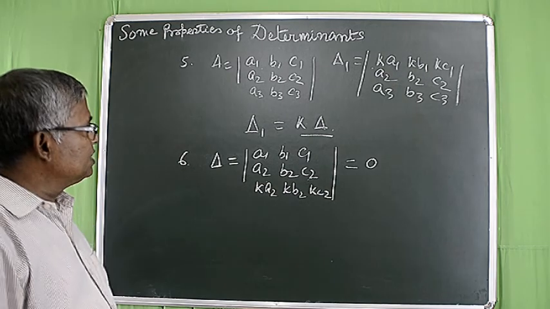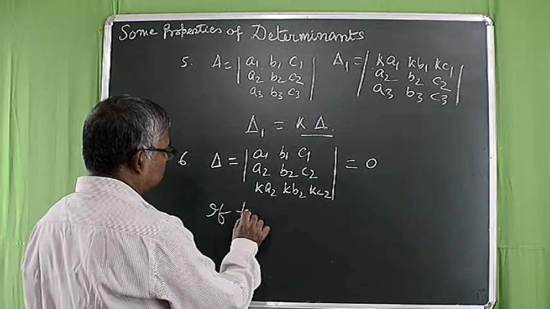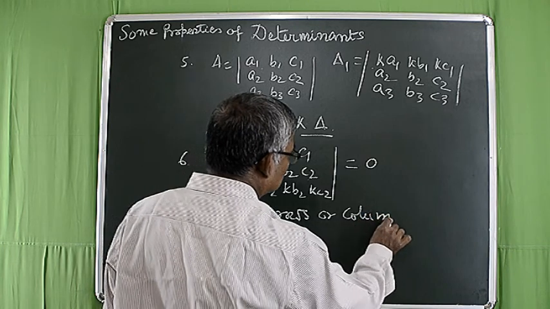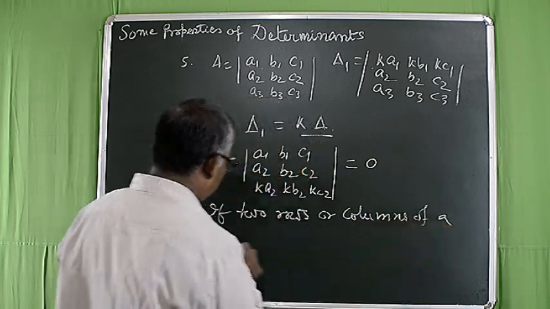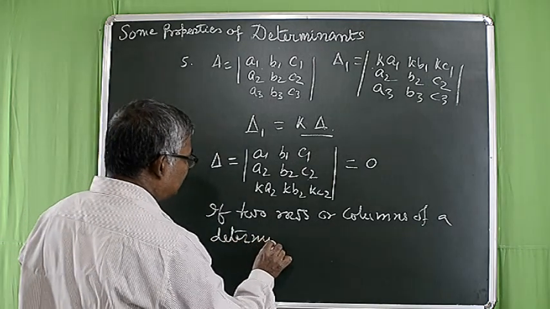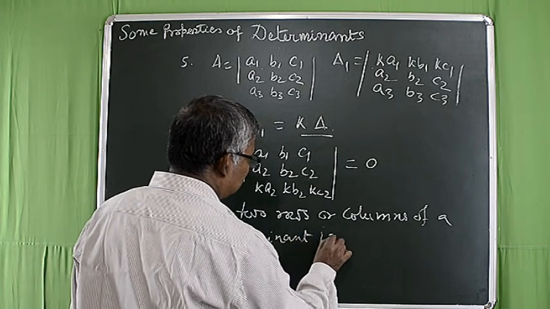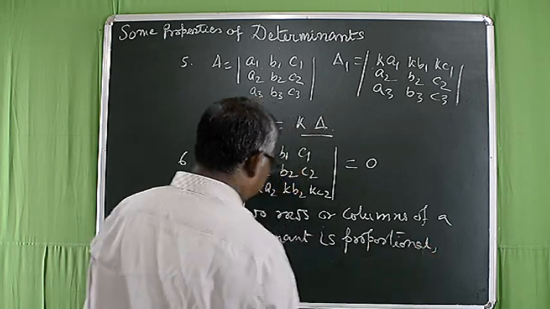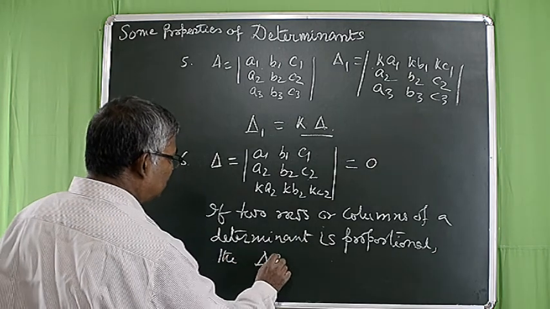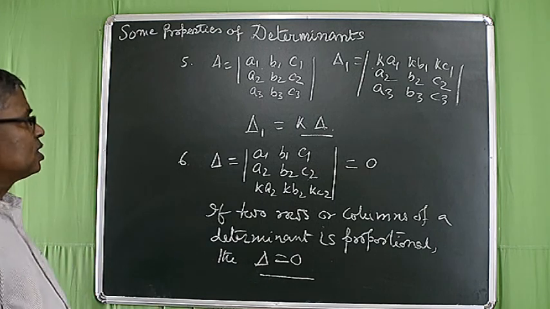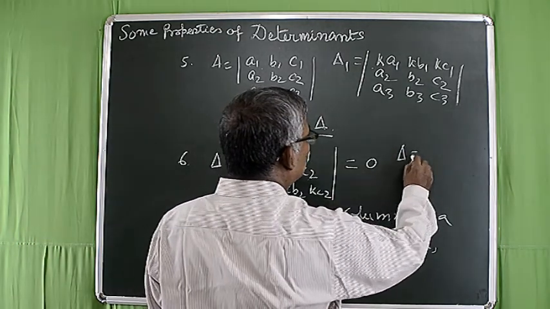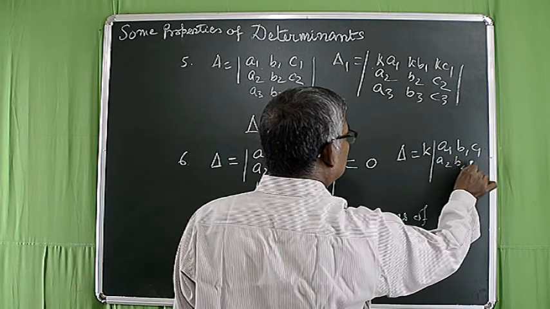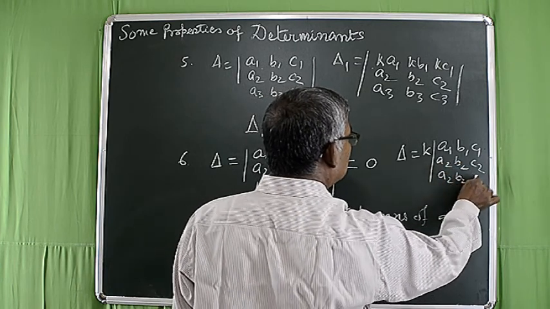Students, the very important property is that if two rows or columns of a determinant are proportional, then the value of the determinant equal to 0, because we can write del equal to k into a1, b1, c1, a2, b2, c2, a2, b2, c2.